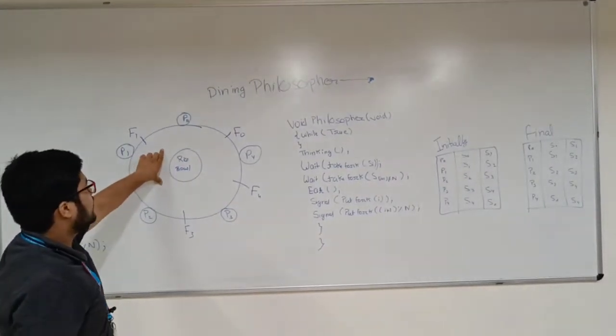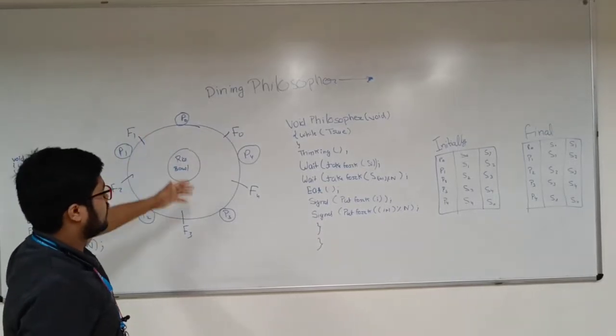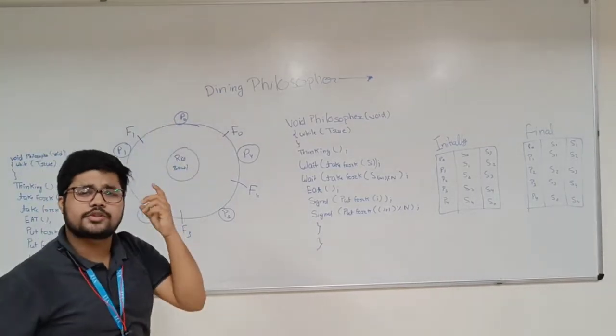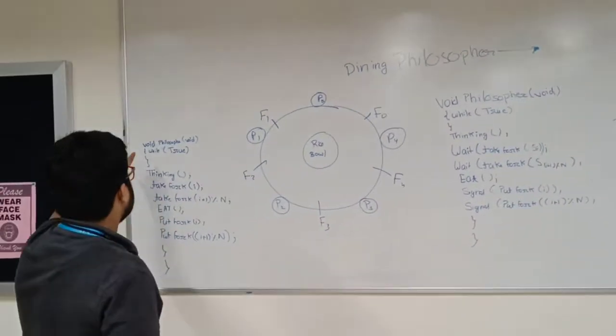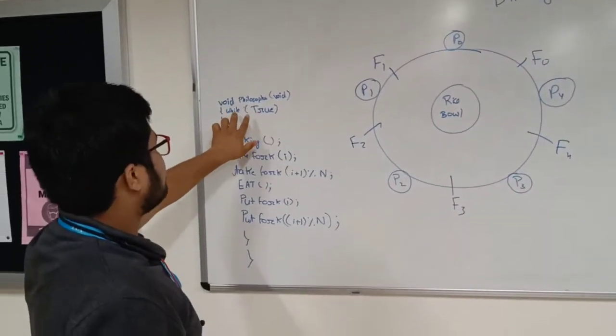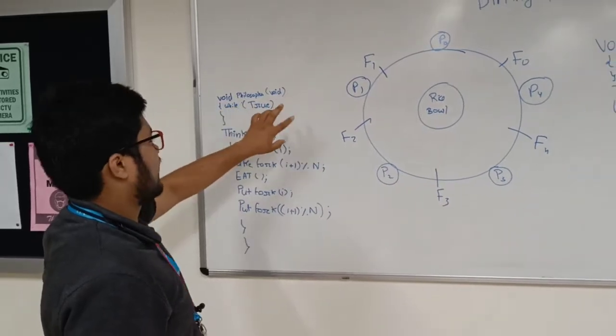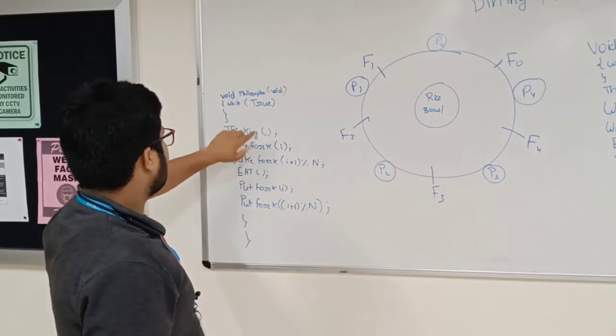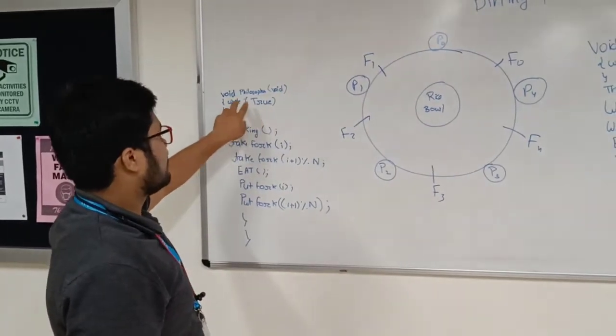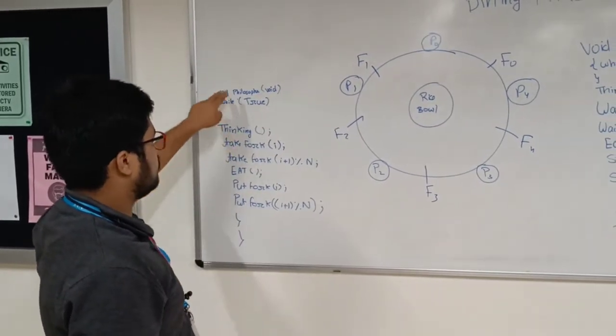So if we represent this scenario in pseudocode, it can be done this way. First we take the function of a philosopher, what exactly he is doing. While the condition is true, which is always true, it will run this loop.